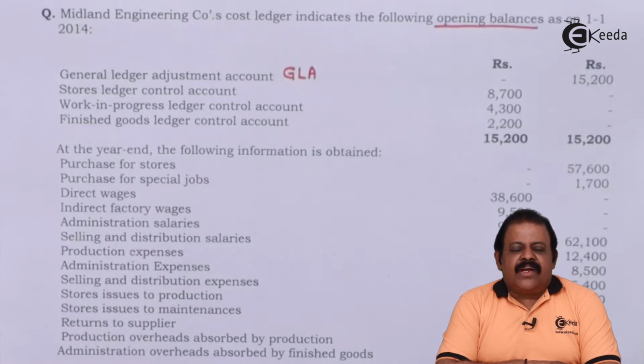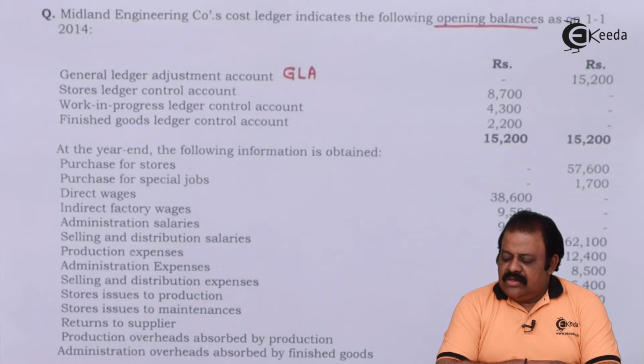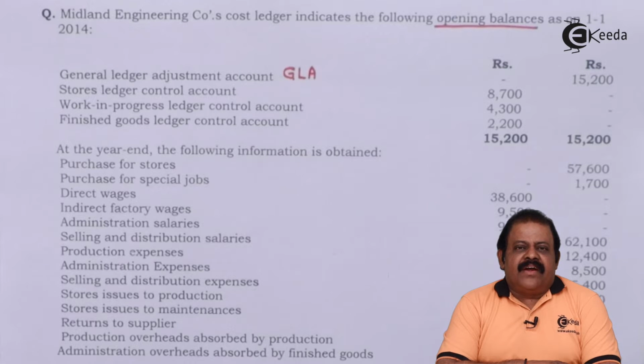General Ledger Adjustment Account. This ledger is also called Cost Ledger Adjustment Account, or Nominal Ledger Adjustment Account. This ledger is prepared to complete double entry under this system because we don't record cash account or personal account.